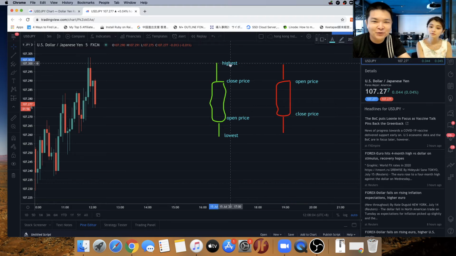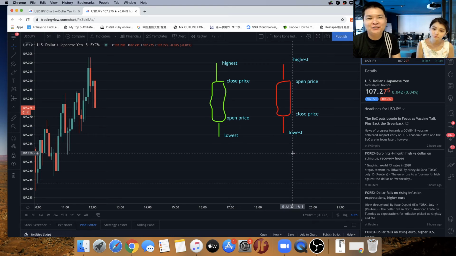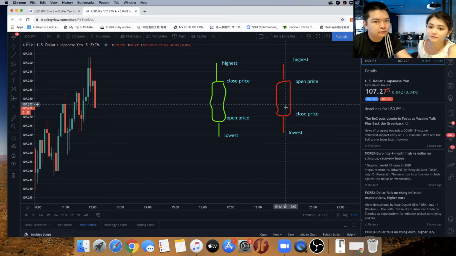I was going to ask you this question, but you were faster than me. You realized that, yes, it's inverted. Camille already realized, guys, that it's inverted. So shouldn't that candle be inverted too? The highest and lowest be inverted?